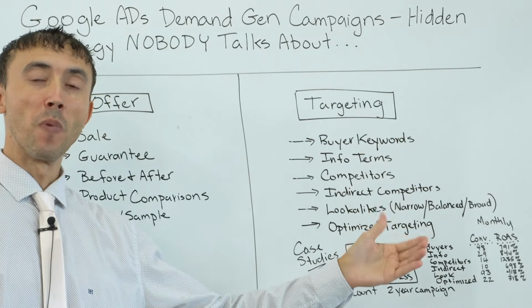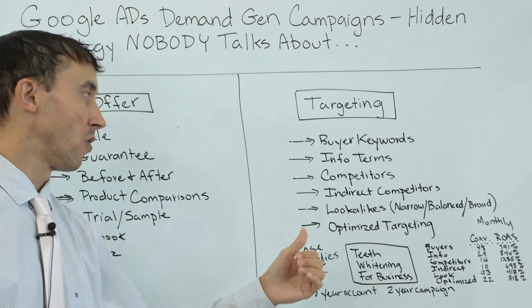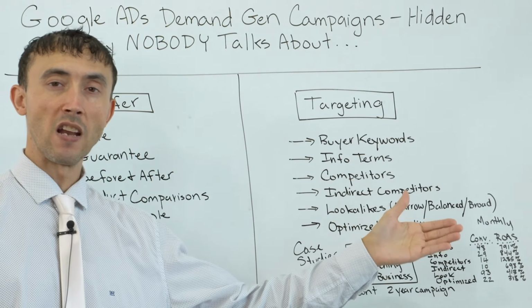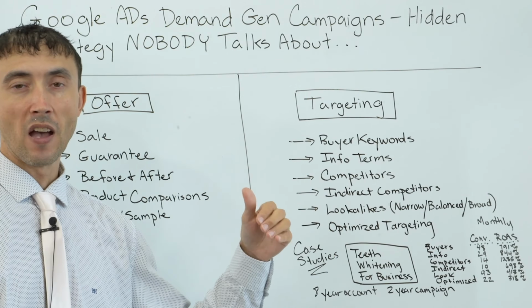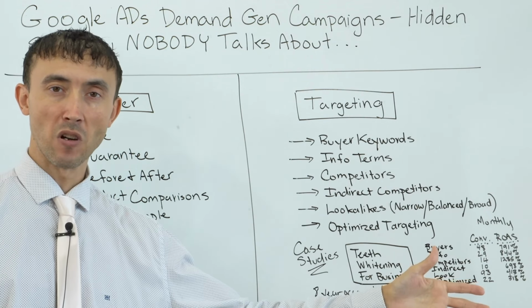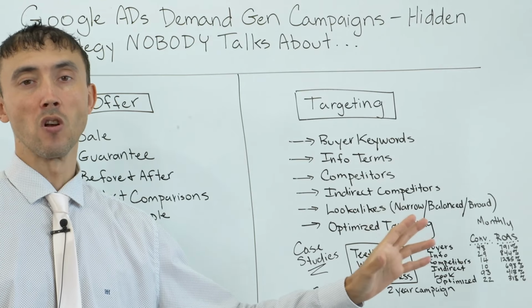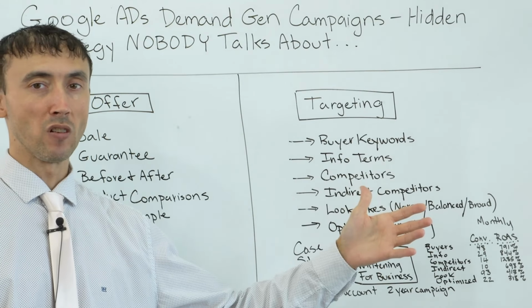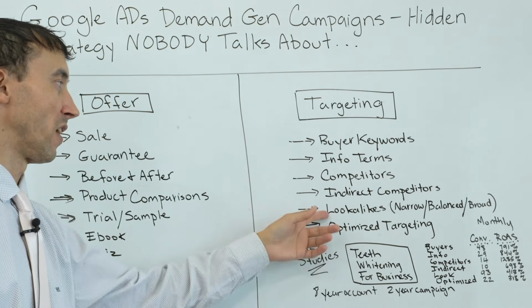But not without a bunch of conversions going through the account already, or without having a customer list uploaded to train Google Ads' system, with a customer list of 100K customers, something like that, which would bypass having to rack up a bunch of conversion data in your ad account to get the lookalikes to work.